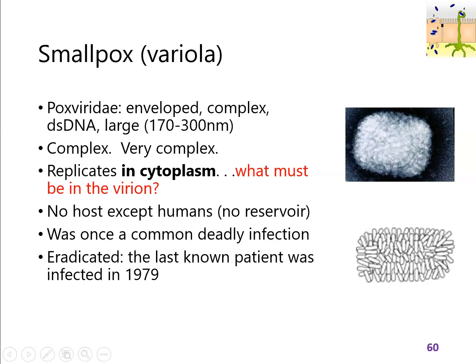Smallpox doesn't affect any other animals, and that's one reason why it was possible to eradicate it in the wild. But it was a horrifying and common infection right up through the 50s and 60s.